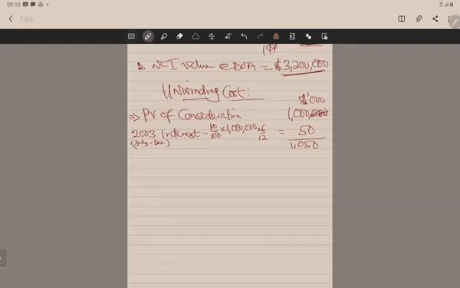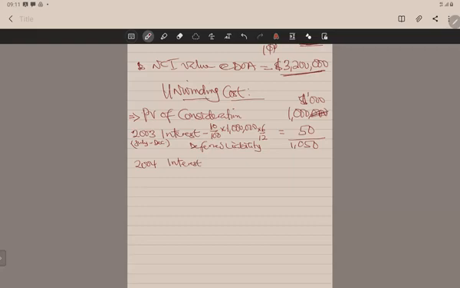Do we get that? So this 1,050 naira in 2004 is what we charge interest on.